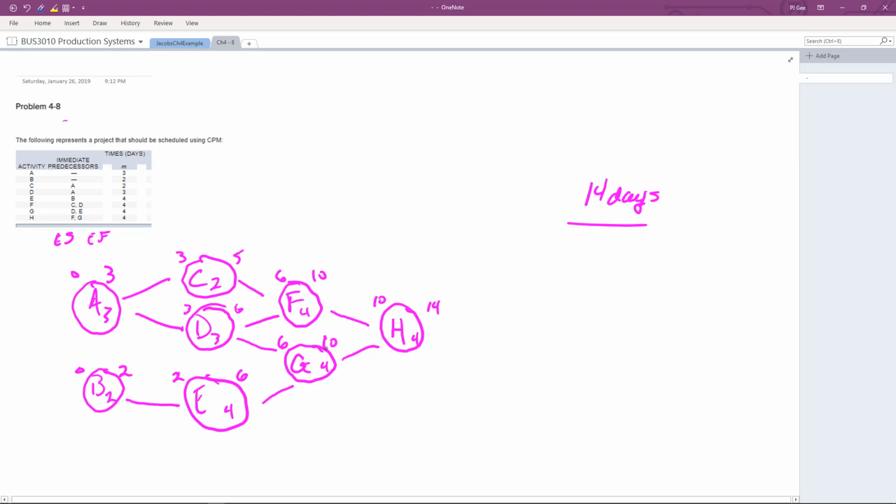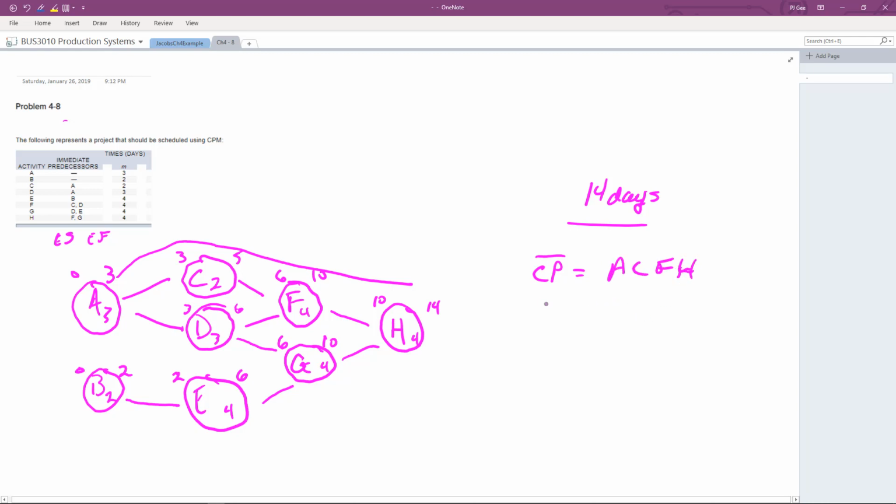Okay. All right. So there's one path in here that is not critical, and that has to do with ACFH. Okay, so say critical path not, we'll draw a little bar over that, is equal to ACFH.